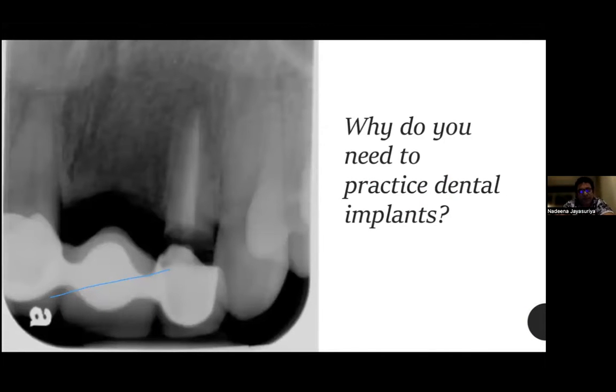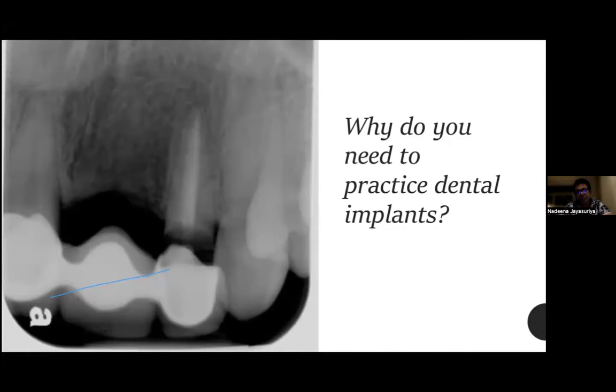Now, these are bridges that we fixed 15, 20, 30 years back. If you go to research, you'll find that the lifespan of a bridge is about 3 to 15 years. So all the bridges are failing now, and we have to give an alternative treatment for the patient.